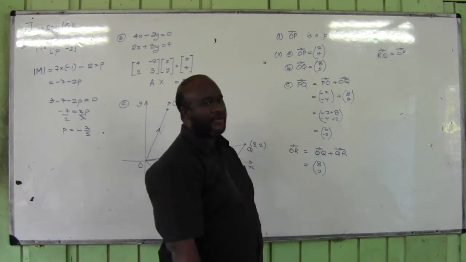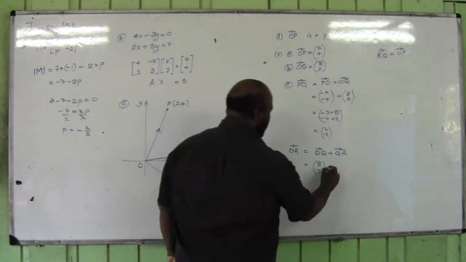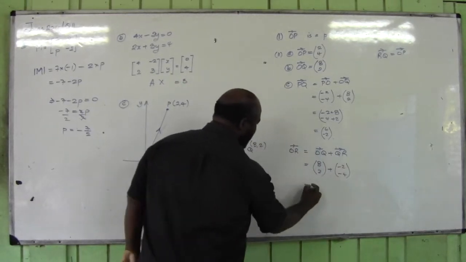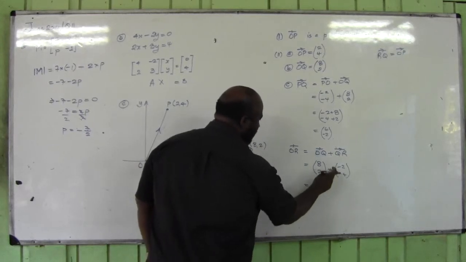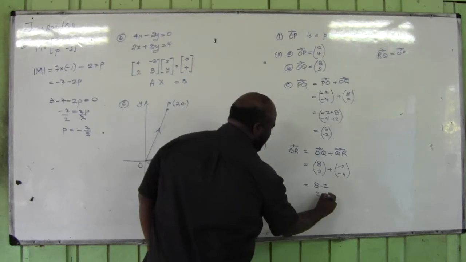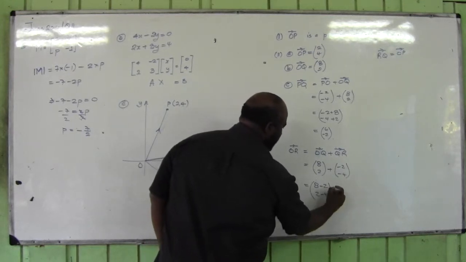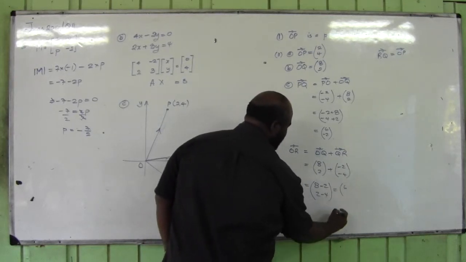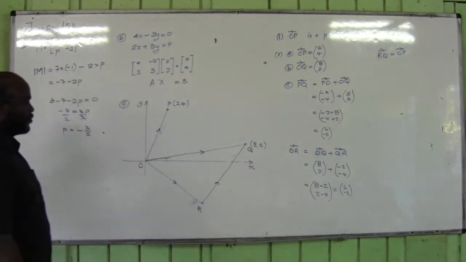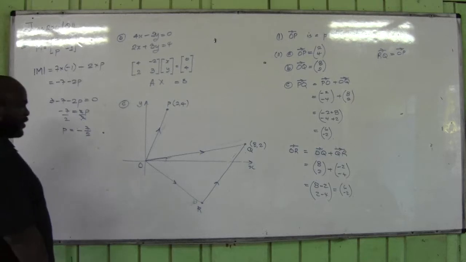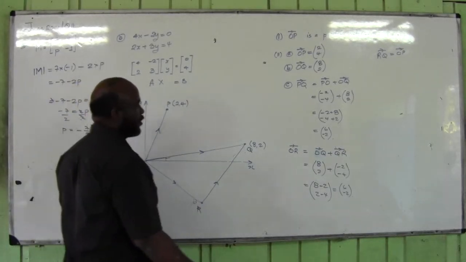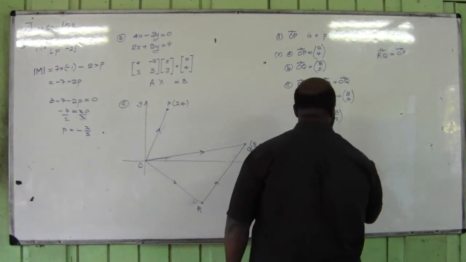So what is QR? (-2, -4). So this is (8, 2) plus (-2, -4): 8 minus 2 is 6, and 2 minus 4 is -2. This is (6, -2).